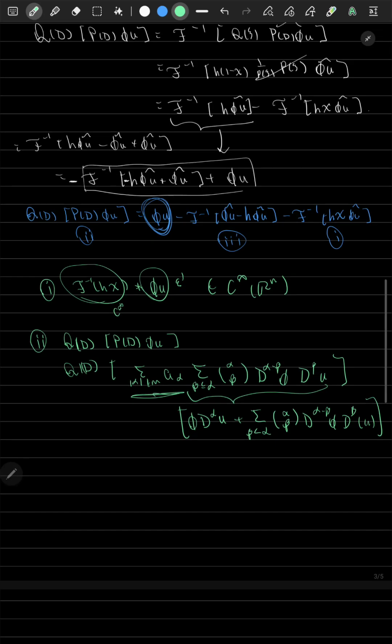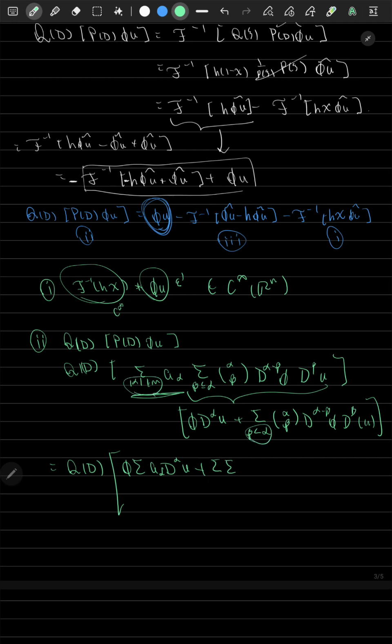And what we get is, so we have Q_D applied on this whole mess here, and I'm not going to write the indices of the sum to make my life easier. So this is a_alpha times phi d^alpha u. I can pull this phi out actually, because we're not summing over anything there. So we have plus, we have two sums.